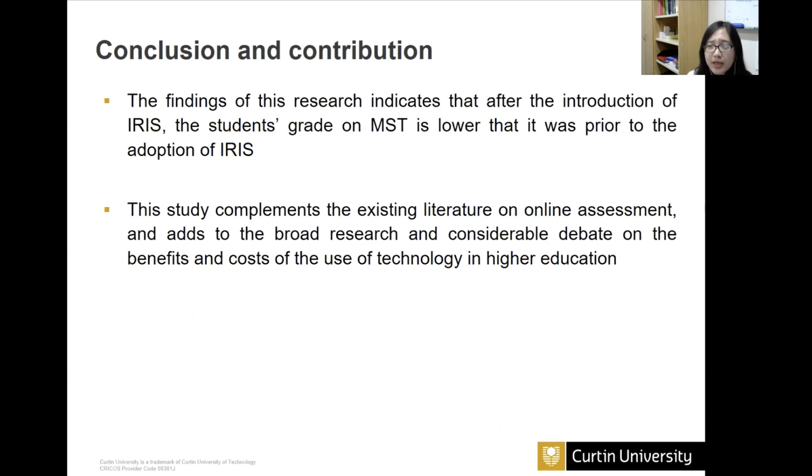For example, is it because ARIS has actually reduced the risk of cheating, or because students feel stressed when using ARIS to sit their assessment, or because of technical issues, such as students not following the instructions carefully to set up and use ARIS properly? We will expand our study by including more control variables in our regression model and extending the time period to include more data and validate our results.